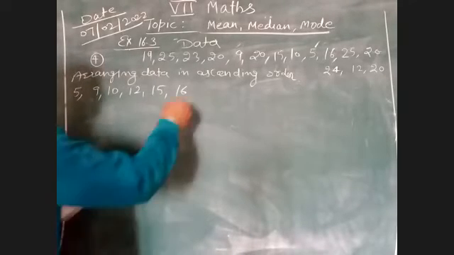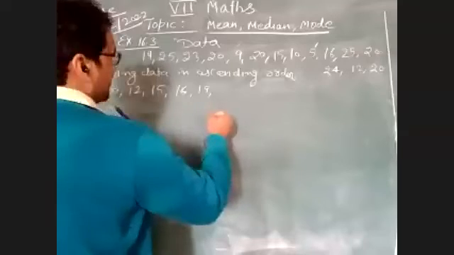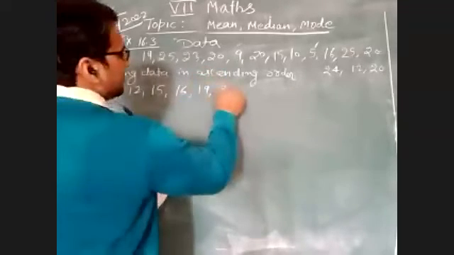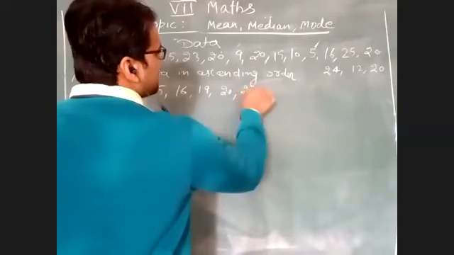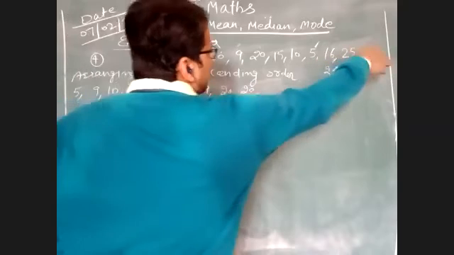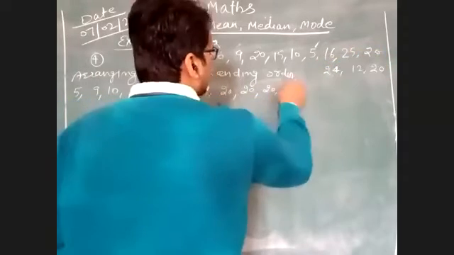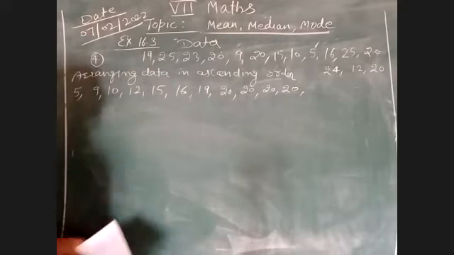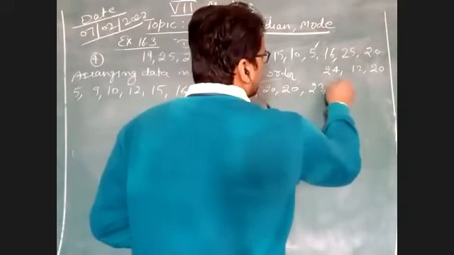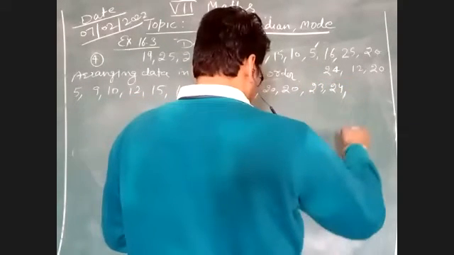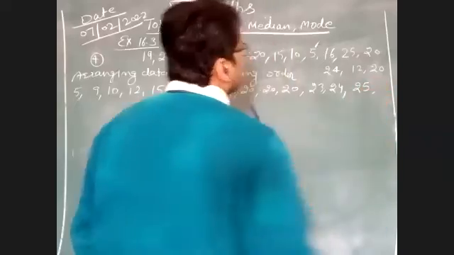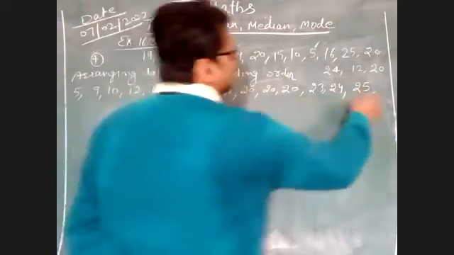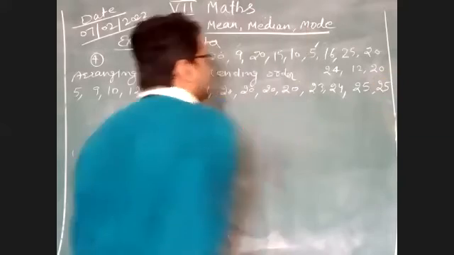Then there will be 19. 20 is repeating so many times, I think 4 times. Then 23, then 24 and 25. Now 25 is repeating 2 times. So we write 25 here.